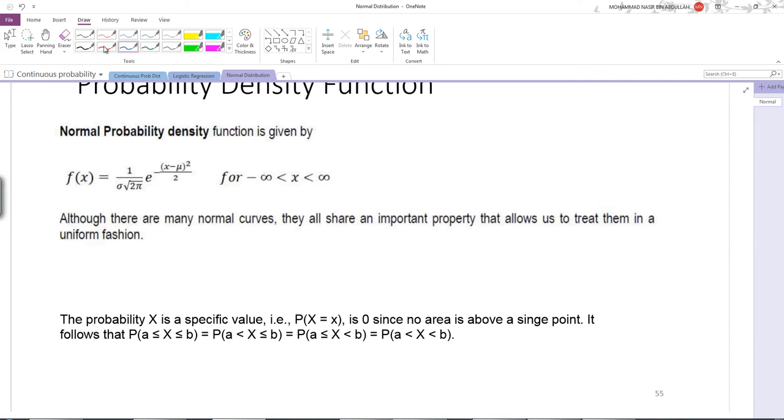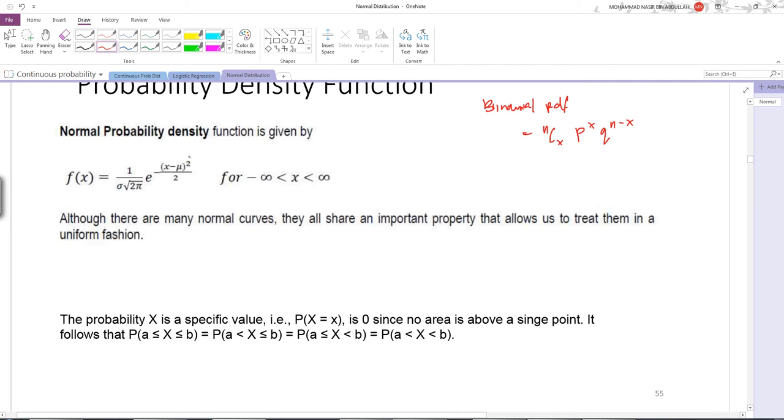So as you remember in binomial PDF, you're going to have n choose x, probability of x, q to the power n minus x, right? So this is a PDF for binomial distribution, right?